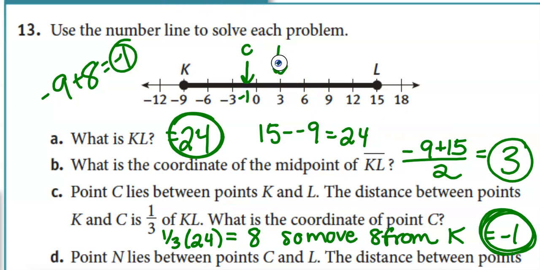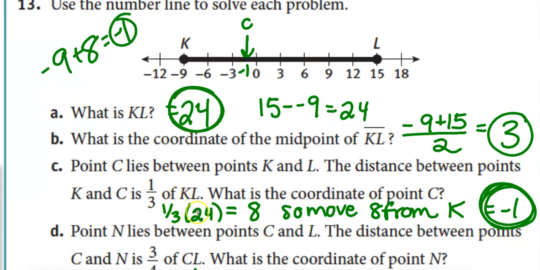Okay? All right, and then it got a little tricky. So it says point C is going to lie between points K and L. So C is somewhere in between points K and L, but it's a third of the way of KL. So first you had to figure out the distance of KL, which we already knew was 24. So then you take a third of 24, or the same thing as 24 divided by 3, which is 8.